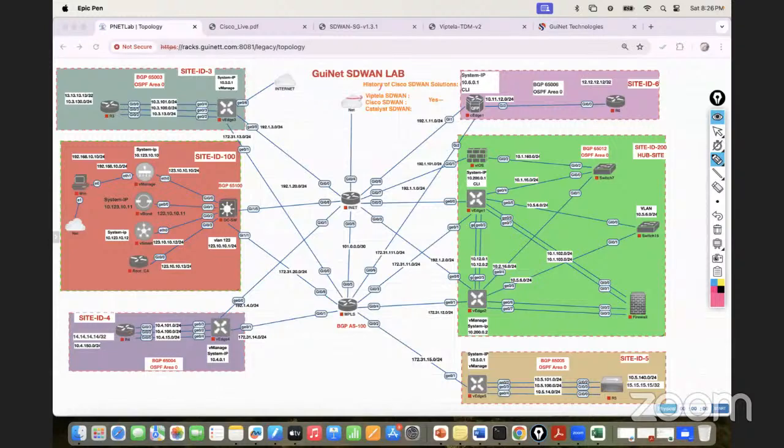This was Viptela. So what did Cisco do? It purchased, acquired the company in 2017. After buying it, it officially became a Cisco company, and this is how Cisco entered the SD-WAN market. Before Cisco, Viptela was the one who developed this solution.